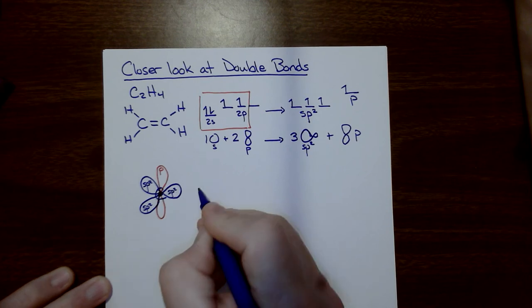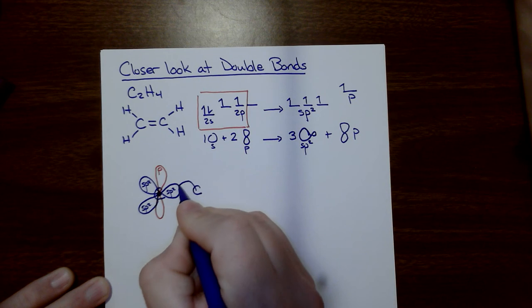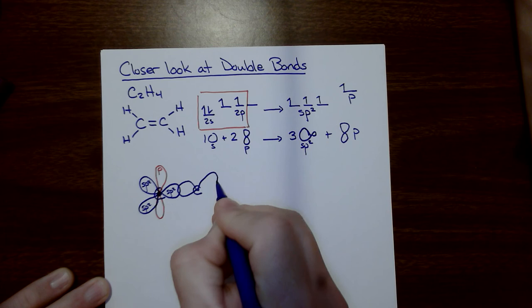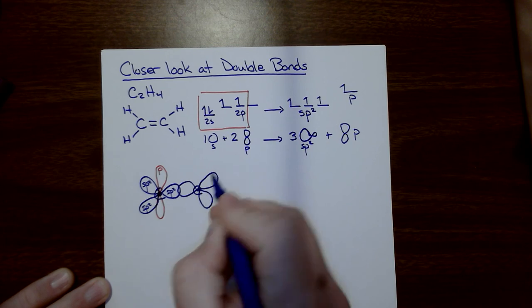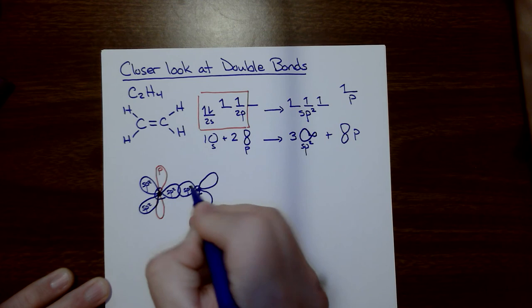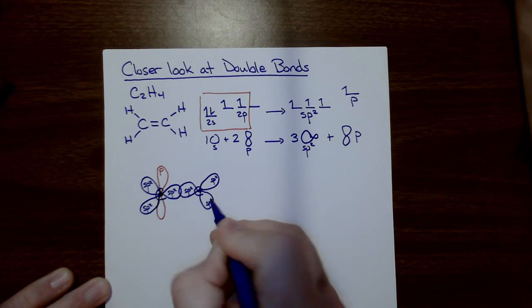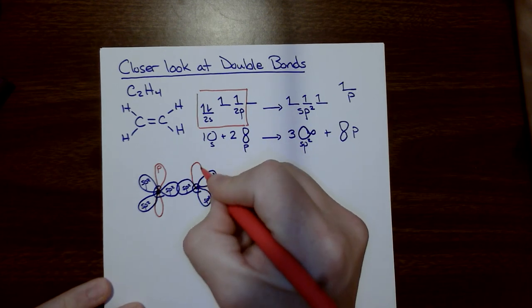We also have a carbon over here that has an sp2 hybridized orbital out in this direction, and an sp2 hybridized out in this direction, and we have the p orbital like this.